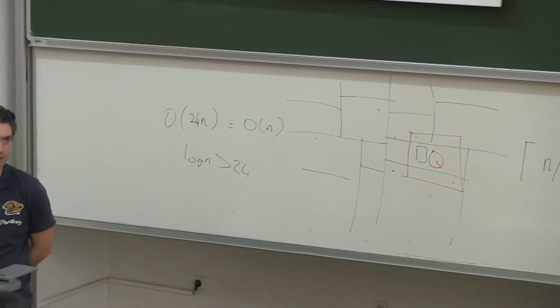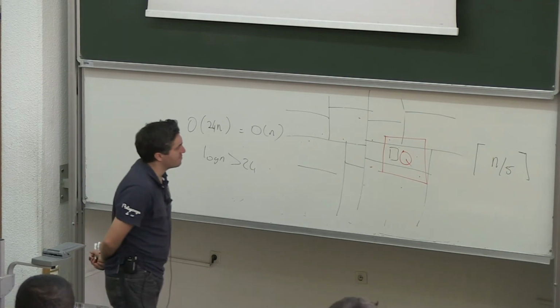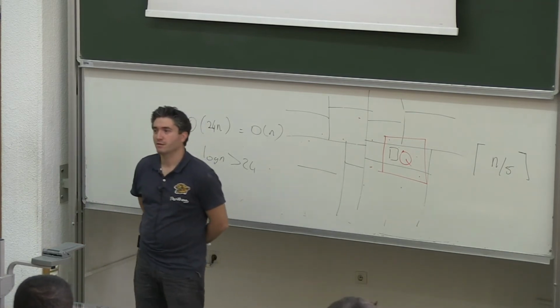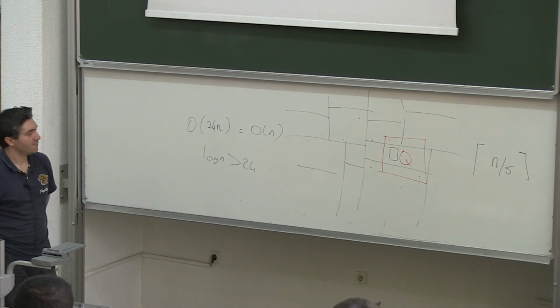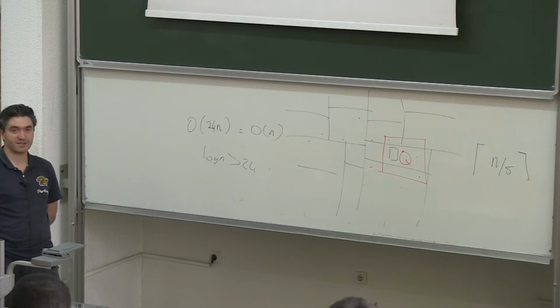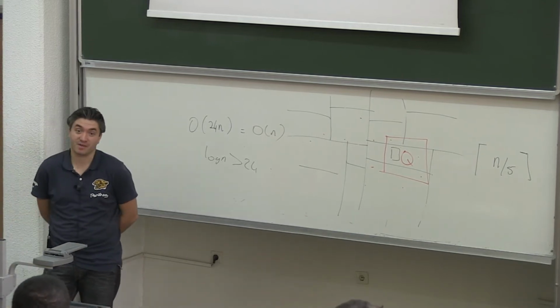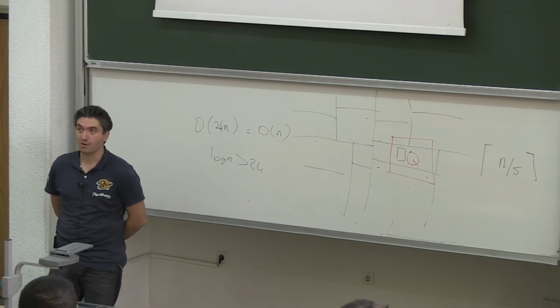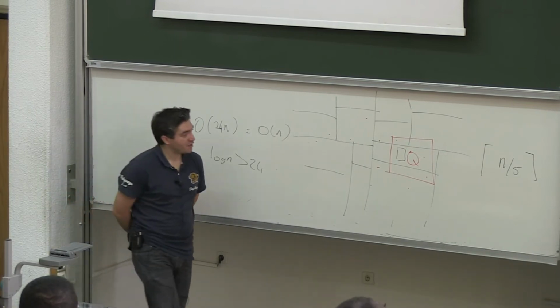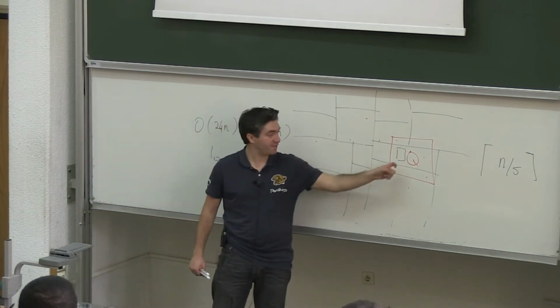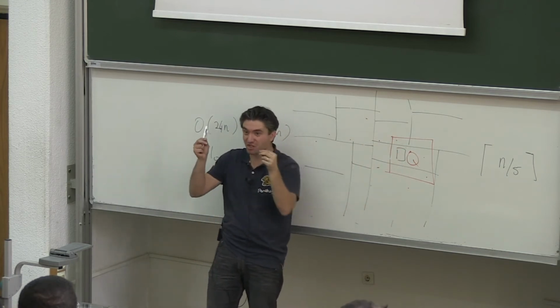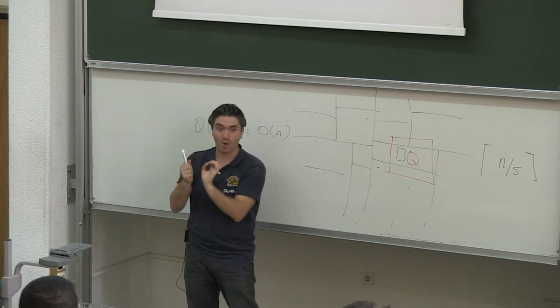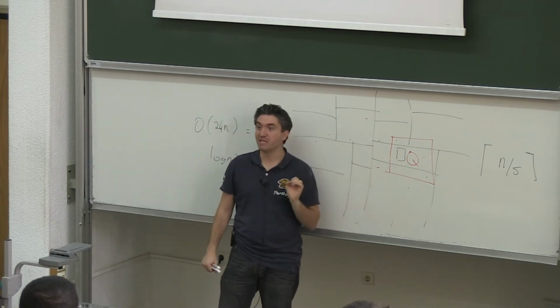So the depth of the tree is log n, but if we think about the running time of this algorithm, we need to bound the number of regions that are intersected by the query region Q. If it was a point query, if my region was very small, like a point, the query time would be log n.